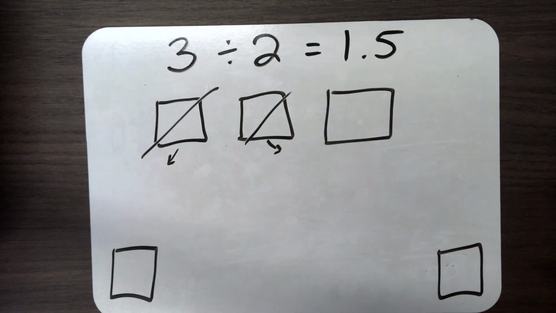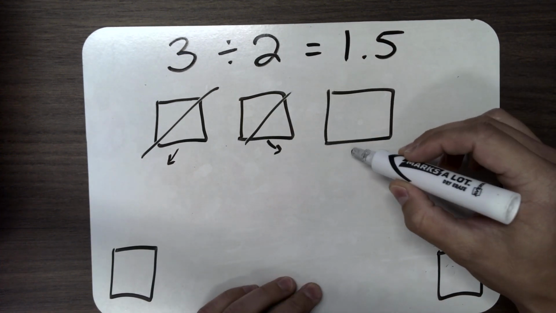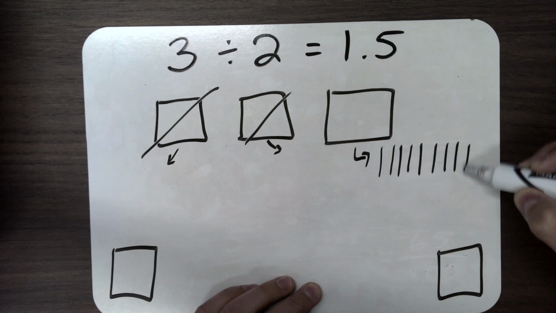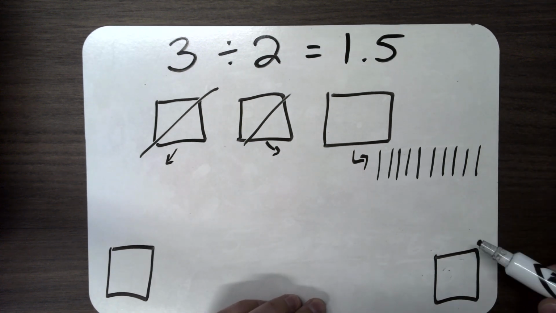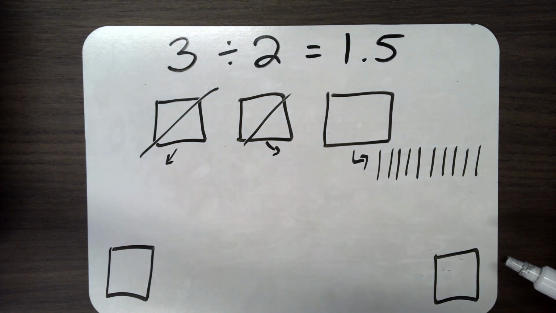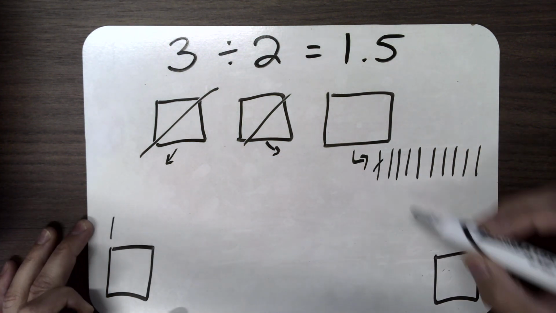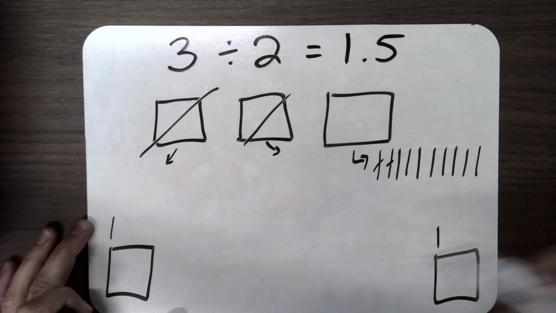Since I have that 1 left, again, I have to ungroup this, so this will become 10/10ths. And again, if you wanted to, we could go one at a time and share equally.